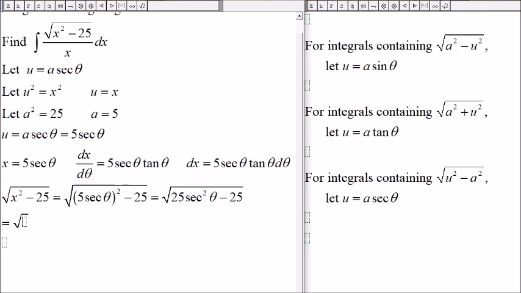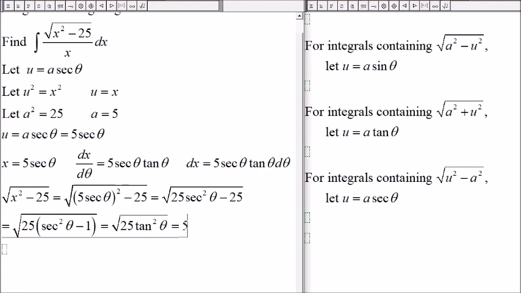And then the common factor is 25. But secant squared minus 1 is tangent squared. And this would be 5 tangent of theta.